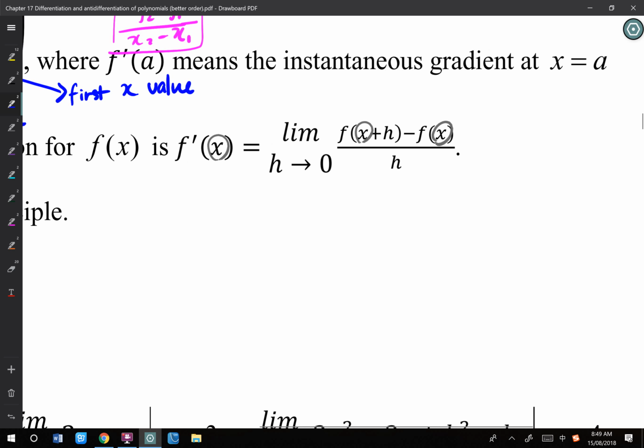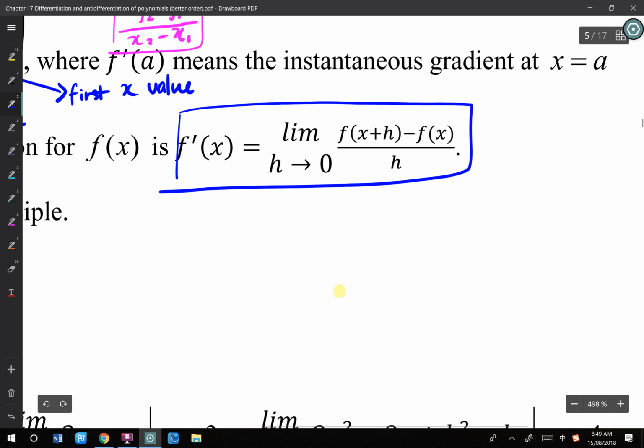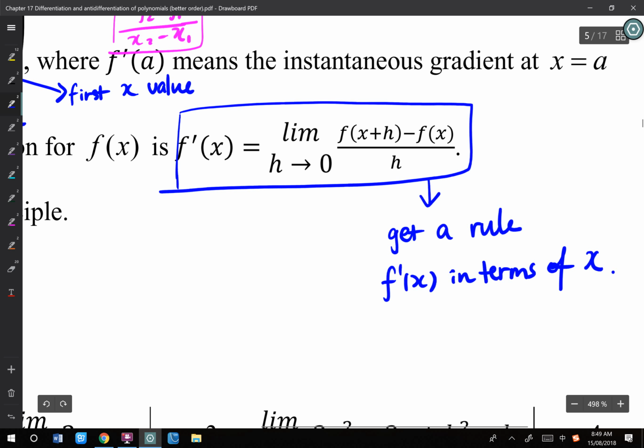But for the next function, when I change the a to x, for this overall formula here, I can get a rule: f dash x in terms of x. This is no longer a value because a is not a value.